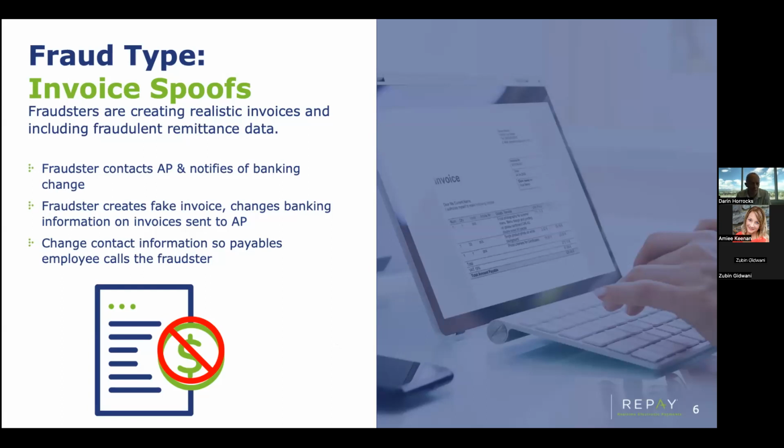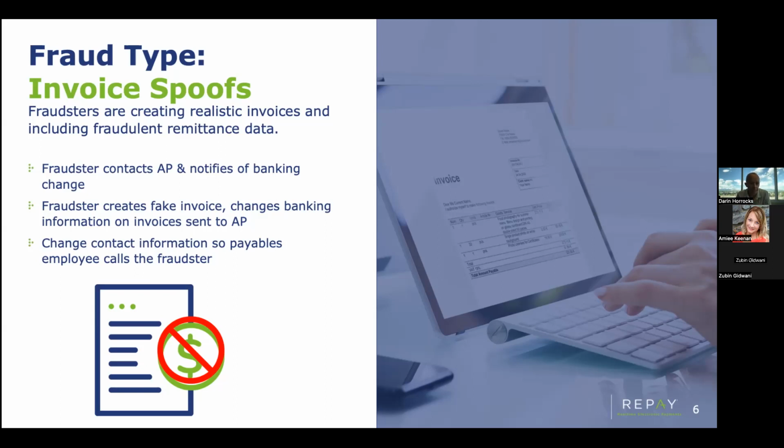It's really easy for a fraudster to create a fake invoice, change the banking information on the bottom of the invoice or somewhere on that invoice, and send it into AP. And if the AP department doesn't have proper controls or processes associated with that, it's very easy for somebody to go into their system, change vendor banking information, and unknowingly send funds to a bad actor.